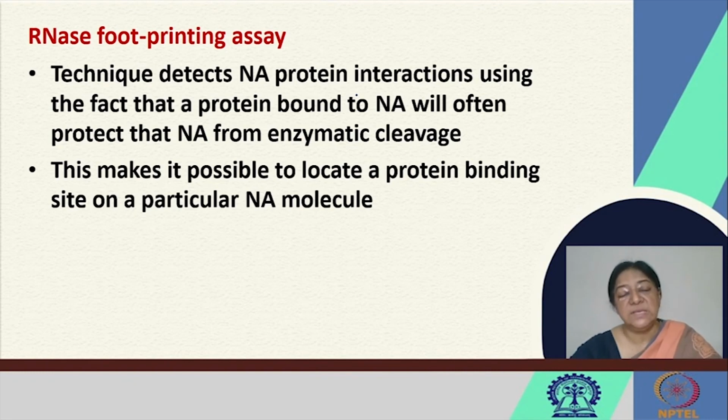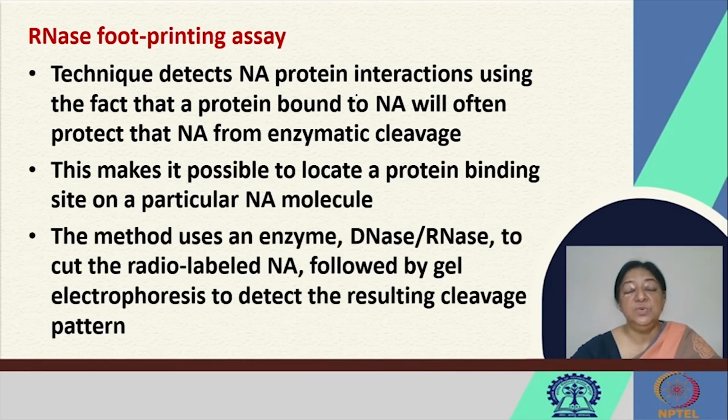So the process involves the interaction of the nucleic acid with the protein. This complex is then cleaved with DNase or RNase, knowing that if there is a protein nucleic acid complex, this will be protected from the cleavage that is going to be brought about by a DNase or a ribonuclease. We just saw that a ribonuclease cleaves RNA. However, if this RNA is protected by the interaction with the protein, then this cleavage will not be possible and the RNA will be protected.